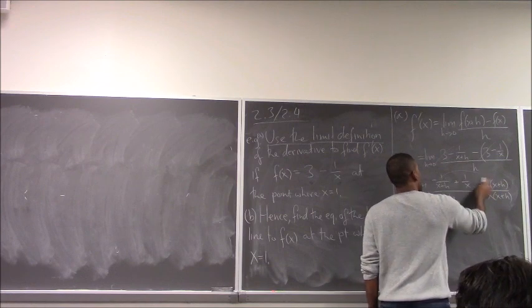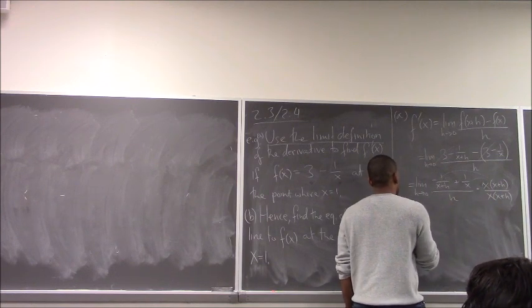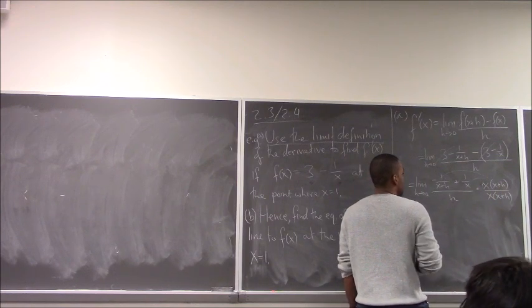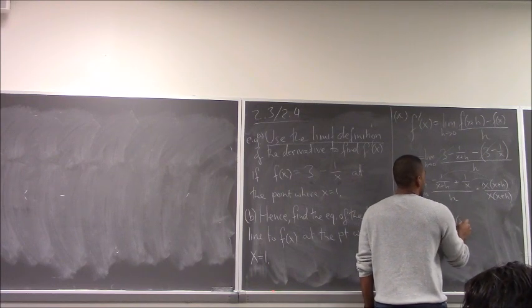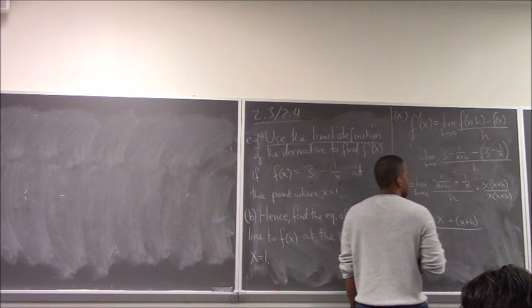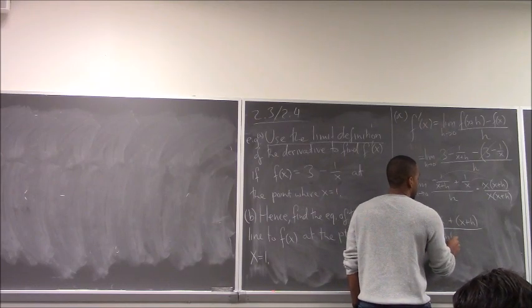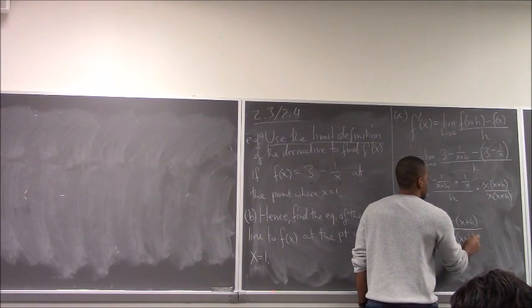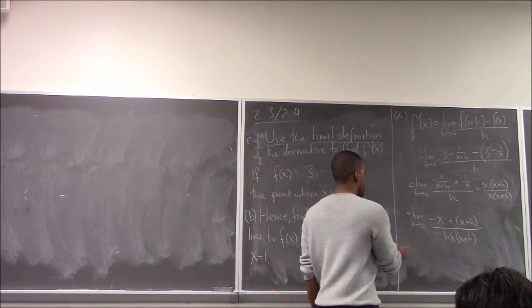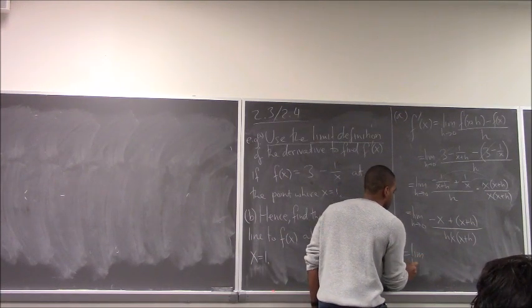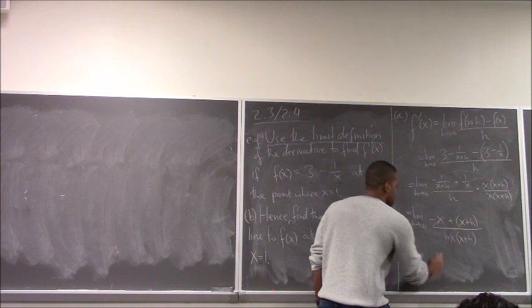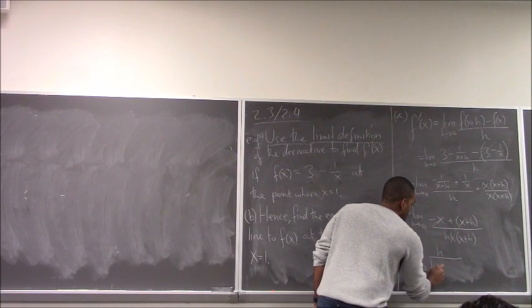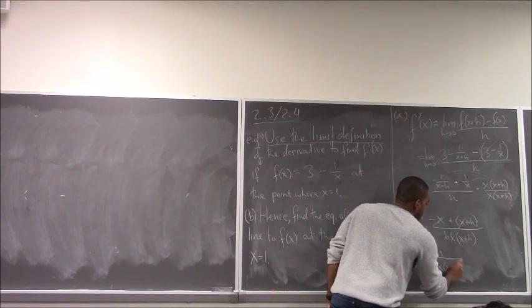This guy's going to distribute. So that's going to leave us with minus x plus h over h times x times x plus h. Minus x plus x goes away, so I'll just have h over h x times x plus h.